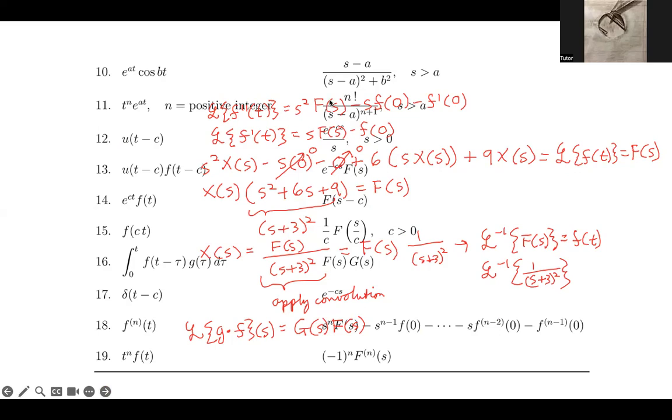By this one, number 11, where t to the power of n times e to the at is equal to n factorial over s minus a to the power of n plus 1.